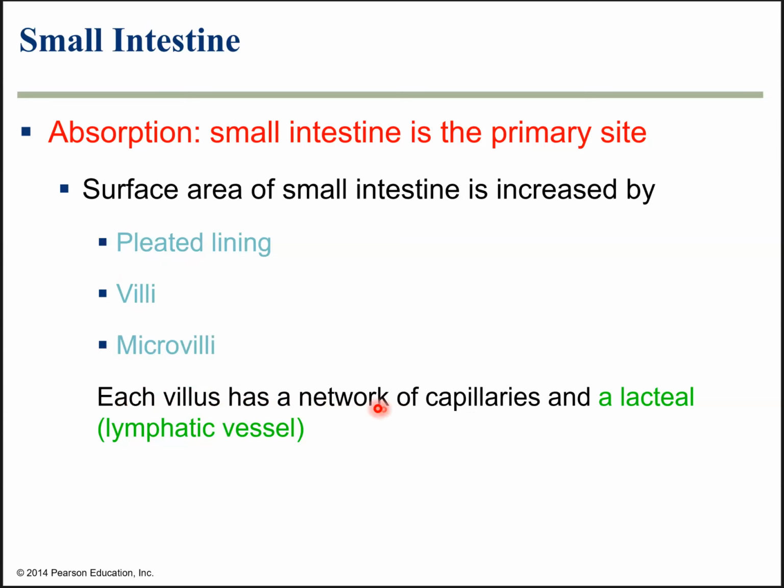And each villus has a network of capillaries and a lacteal. A lacteal is a lymphatic vessel. So the capillaries and the lacteal in the villus carry away absorbed products of the protein and carbohydrate digestion, as well as ions and water.